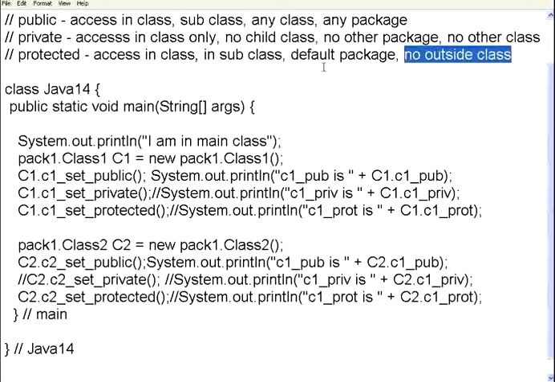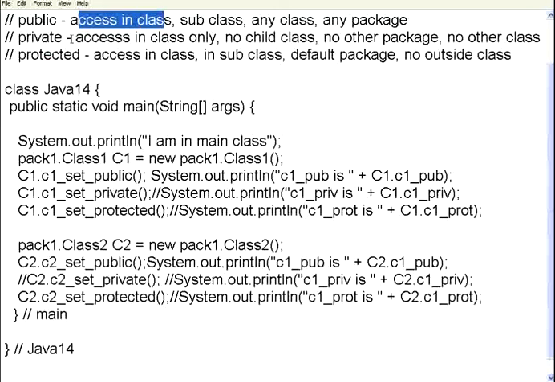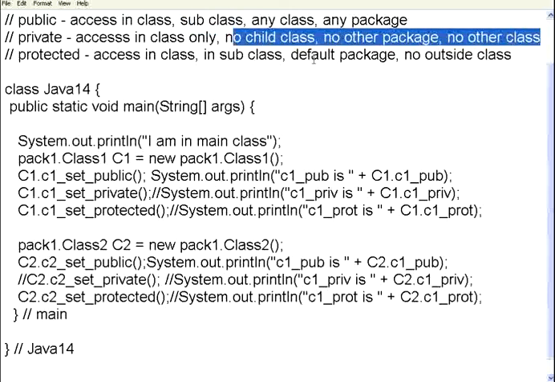If you see here, the similarity first you will see. The similarity across public, private, protected is access in the same class. So anything can be accessed within the same class. That's simple. The difference between public and private is that the subclass and all other classes can access public, whereas nothing else can access the private things.